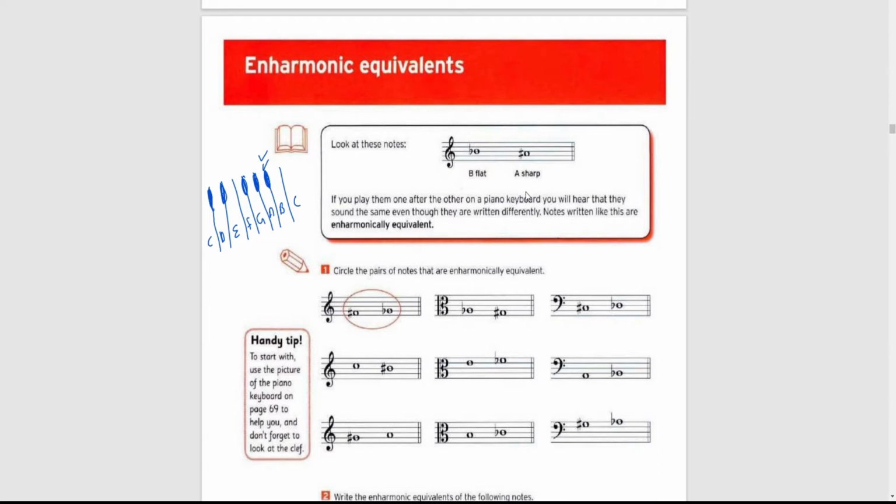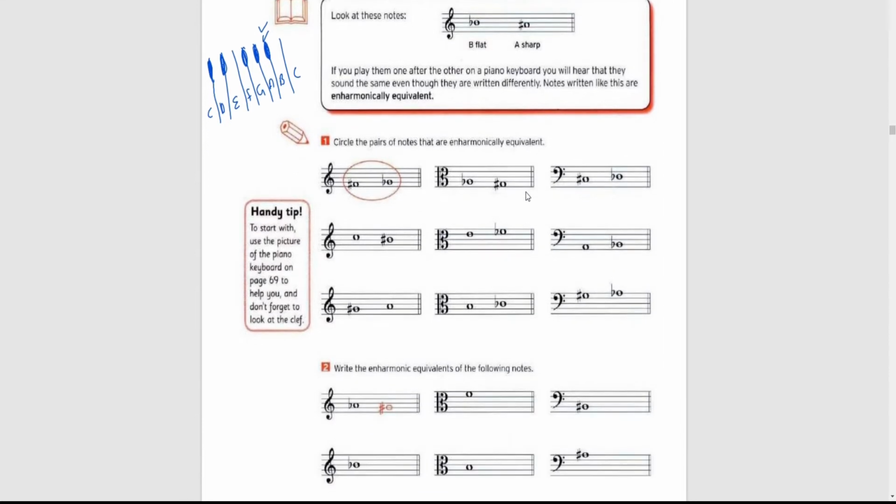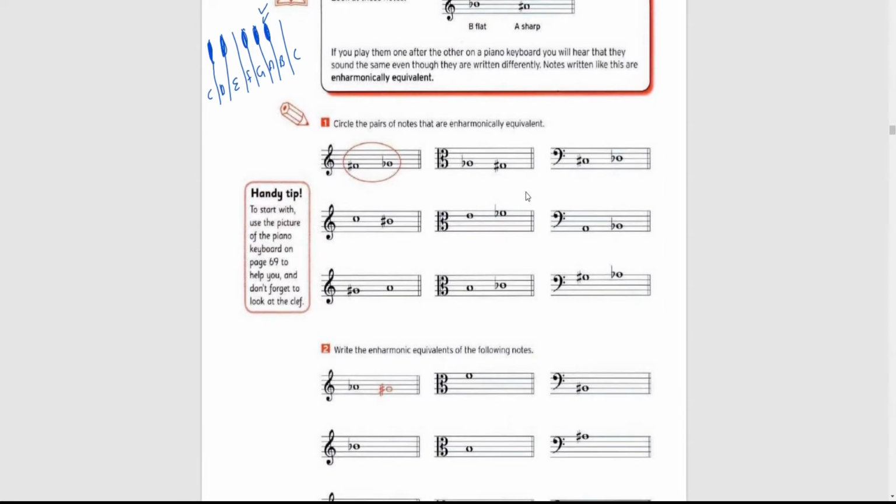Okay, so let's do the exercises straight away without wasting your time. Circle the pair of notes that are enharmonically equivalent. You can see now this is alto clef, and this C is this one. So if we go from here, let's write the notes first.